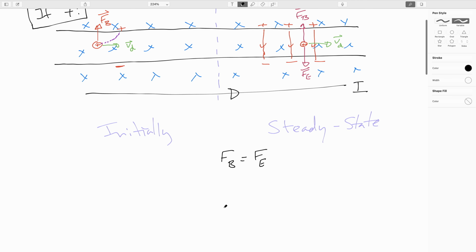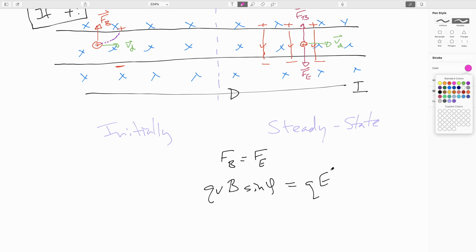So here, this is going to be qvB sin φ, and I'll just leave it as a sin φ. The way I've drawn the example, φ would be 90 degrees, but there's no reason we couldn't have the magnetic field lines going in obliquely or something like that. And the electric force would be equal to qE. Now here's the interesting bit.